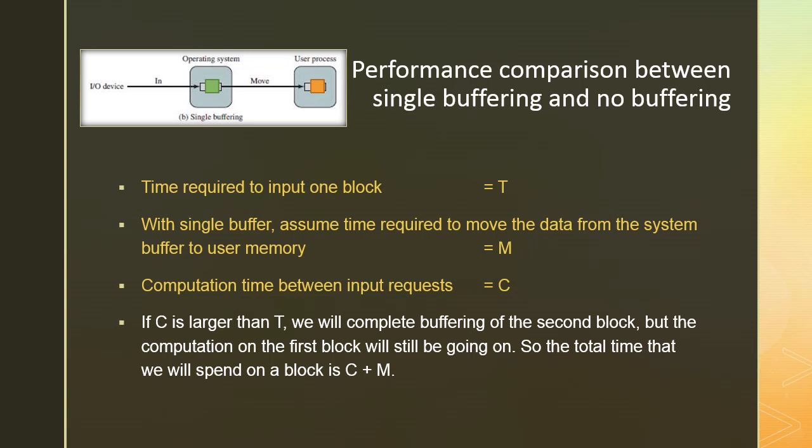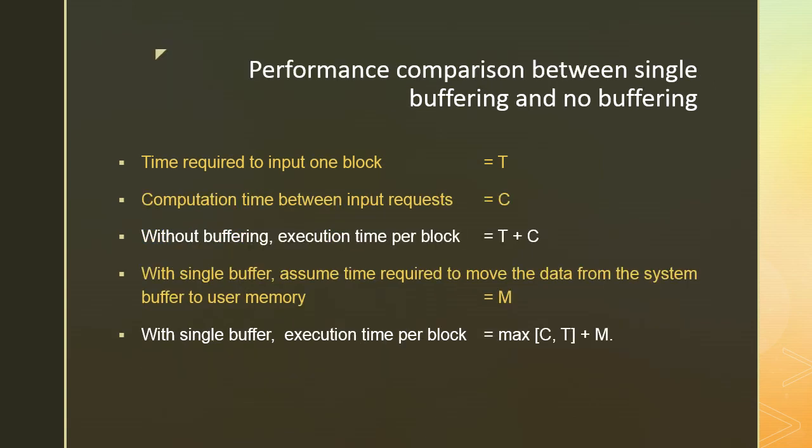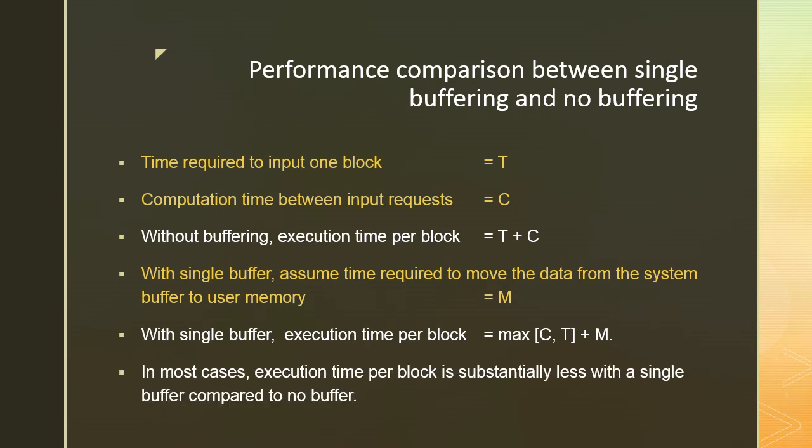So the total time that we will spend on a block is C plus M. So with a single buffer, execution time per block is the maximum of C or T, plus M. In most cases, execution time per block is substantially less with a single buffer compared to no buffer.